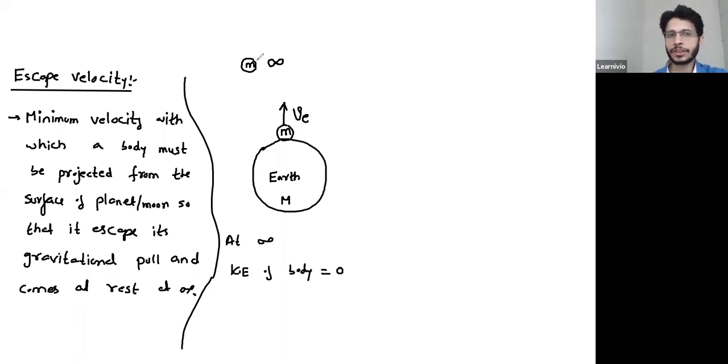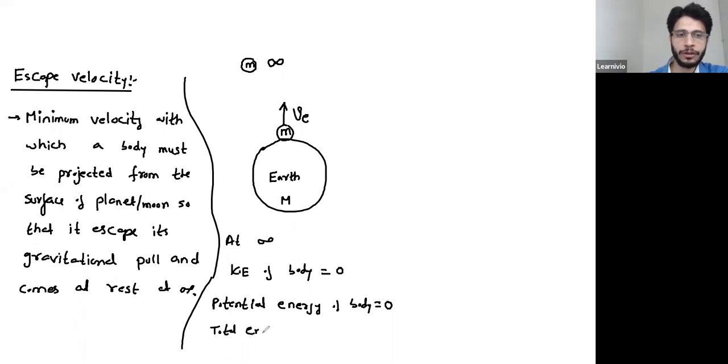There is no interaction at infinity between body and Earth, so potential energy of body, can you guess the potential energy? Yes, zero. So you can say that total energy of body at infinity is the sum of kinetic energy plus potential energy. Both are zero, so this is zero.